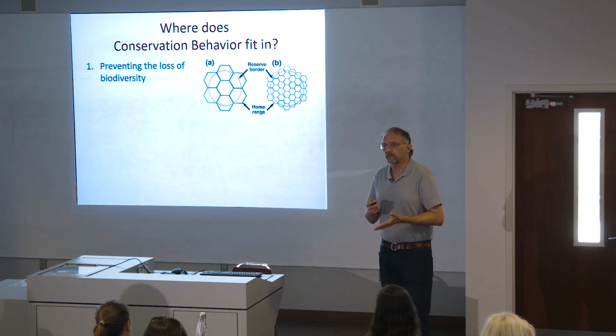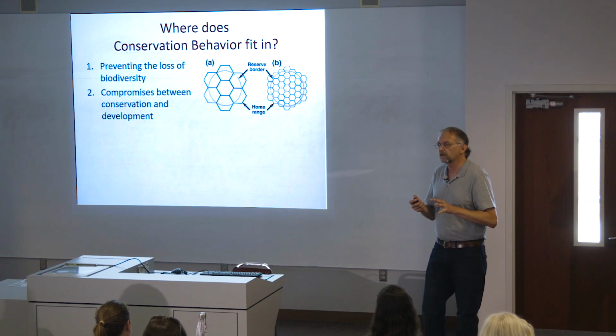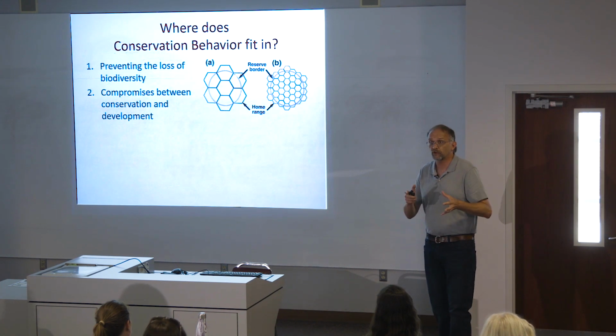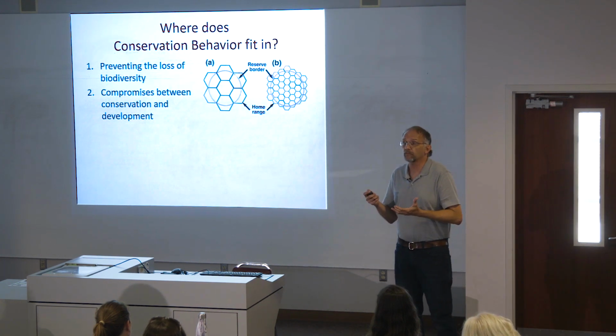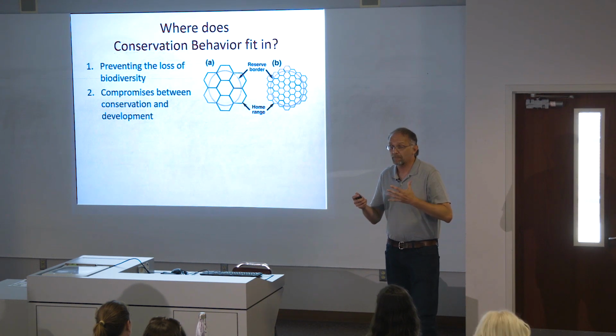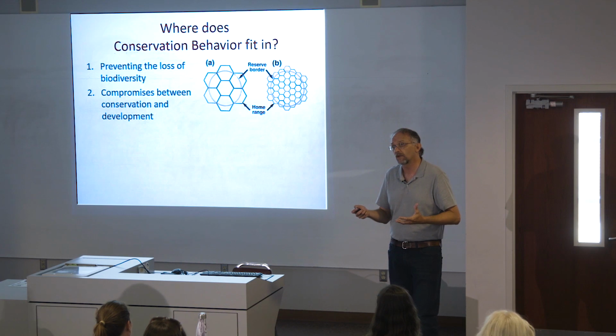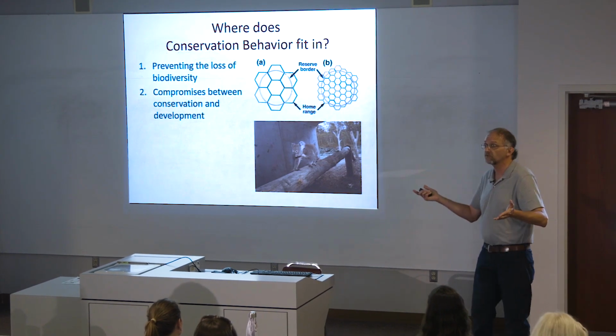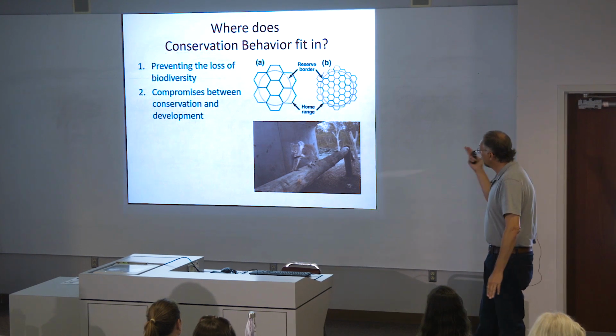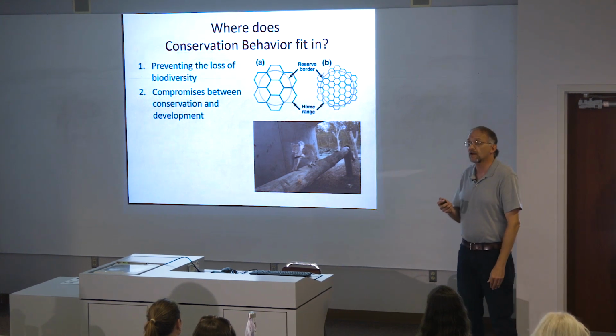Another way that behavior will be important is in figuring out the compromise between development for human purposes and preservation of nature. And so this includes sustainable development. It includes sort of managing reserves in a context of human disturbance. As an example, if we put in a highway that divides a forested area, these koalas run the risk of getting hit by cars on the highway.